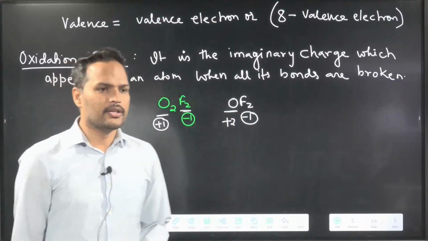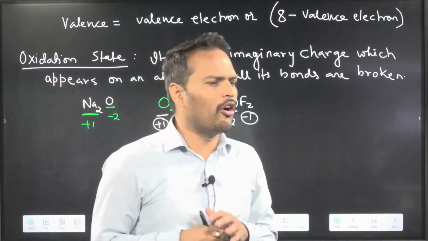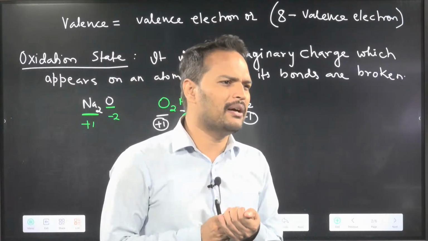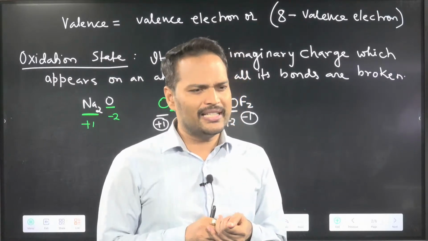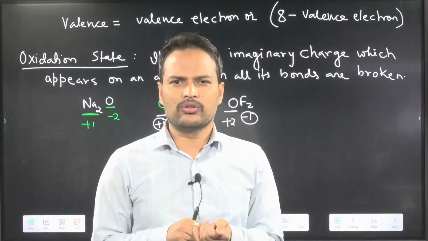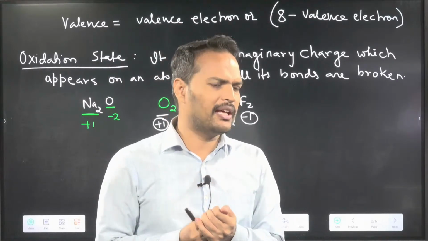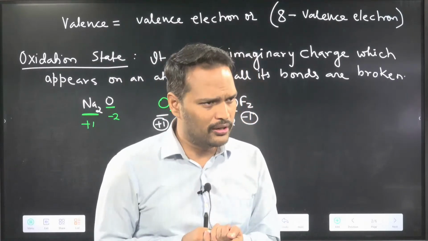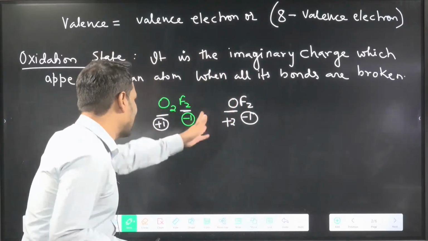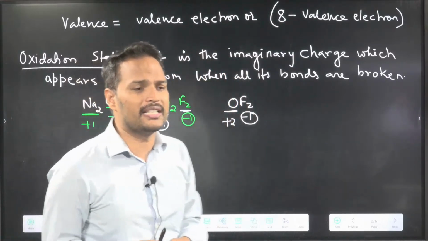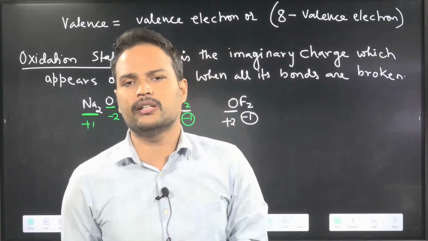Like these things. All of you are long-term students, so we expect that you already know a bit of oxidation state. We are just touching the topic and writing the oxidation states which are already known. From this example it is clear that oxidation state is a variable term.